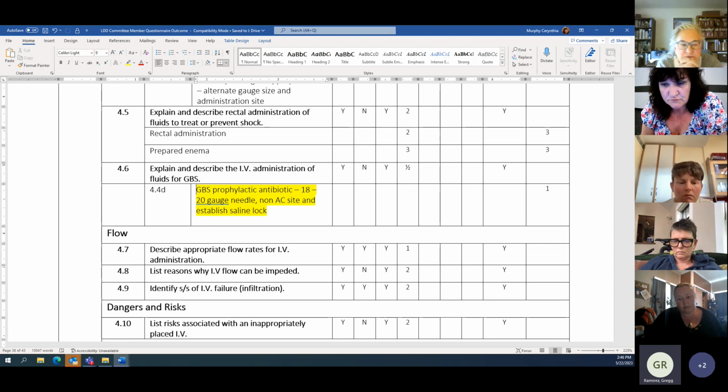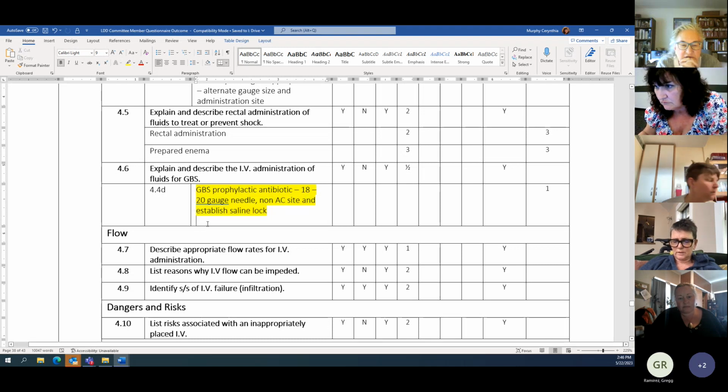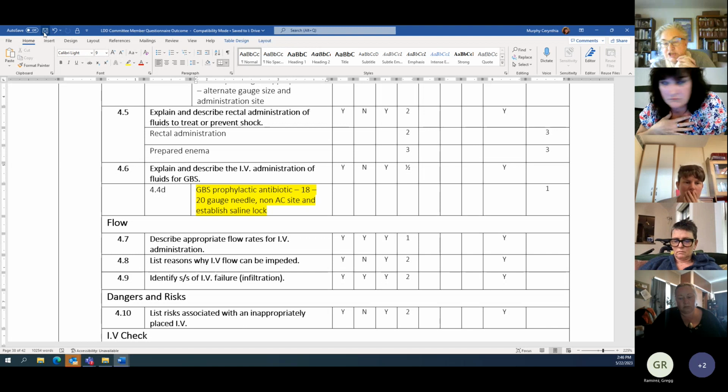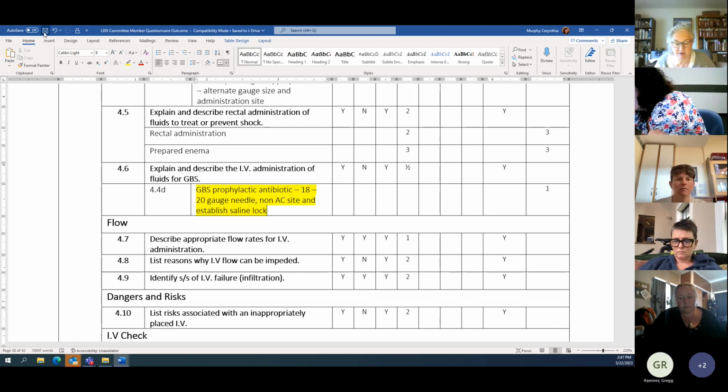Raising their feet, and this is for shock. Right. I'm looking at it. Yeah, look at this. For hypovolemic shock. I can research it, in which case we might want to change it. I'm making myself a note on a piece of paper that right now is escaping me, but I will find it. Trendelenburg?